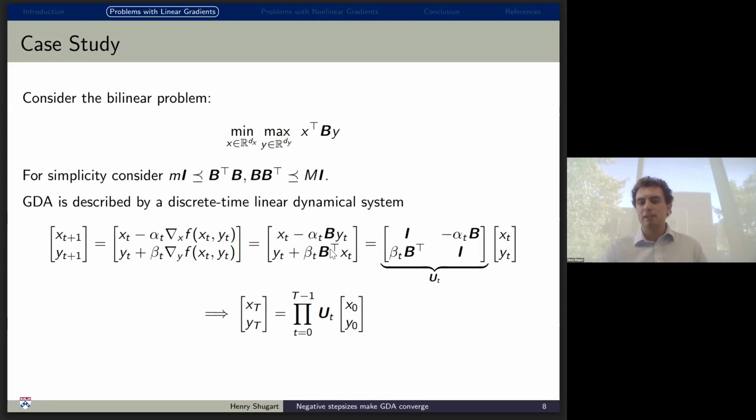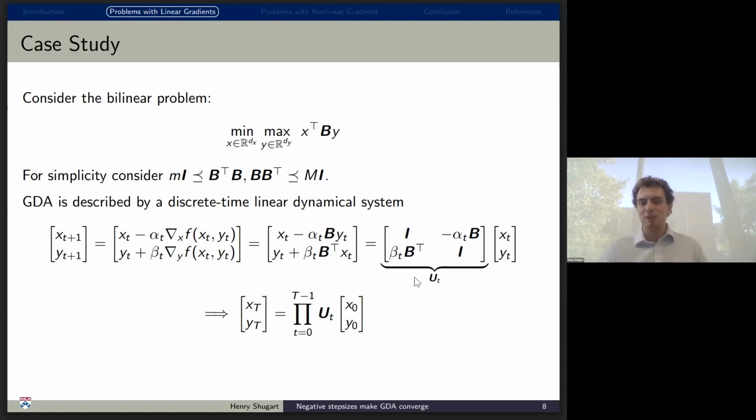For the sake of analysis, we're just going to consider that the singular values of B are lower bounded and upper bounded. The technical assumption is on the slide if you want to see that. One really nice thing about GDA in this setup is that the gradient of this function is completely defined by a linear function.